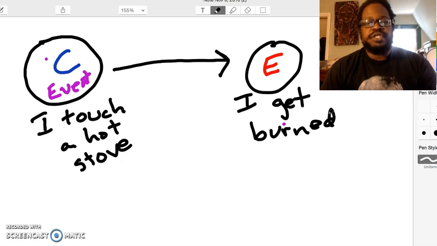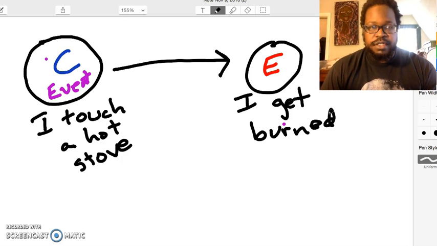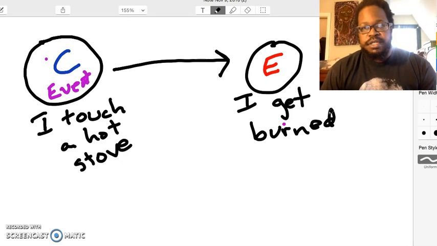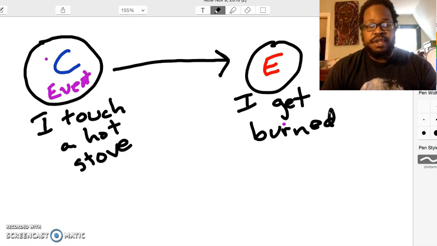But I don't have to just look at the effects of a particular event. Right? That effect isn't the only end to the event, right? That event could actually be a result of something else.